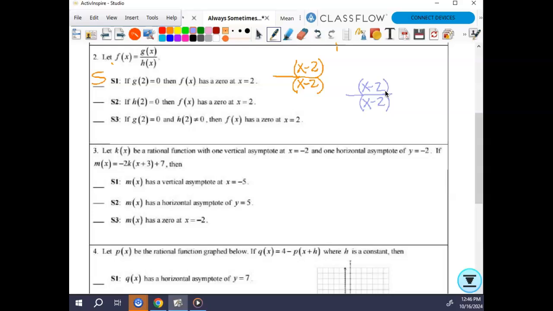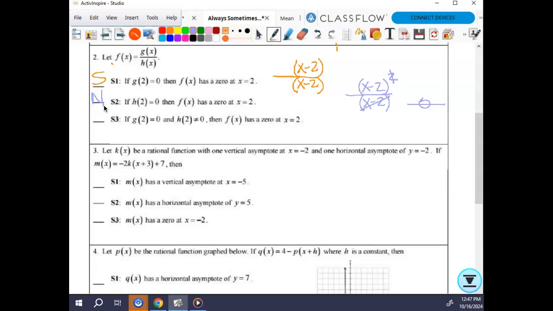I could also have this situation. If I have this situation, then I can cancel this out with one of these. Still looks like I should have a 0 there, right? But I canceled it, I had a hole. When it's a hole and a 0, which one wins? The hole. Very good. I would have the hole like on the axis, but I'd still have a hole. So remember, vertical asymptote wins out over hole, hole wins out over 0, so this would be a never.